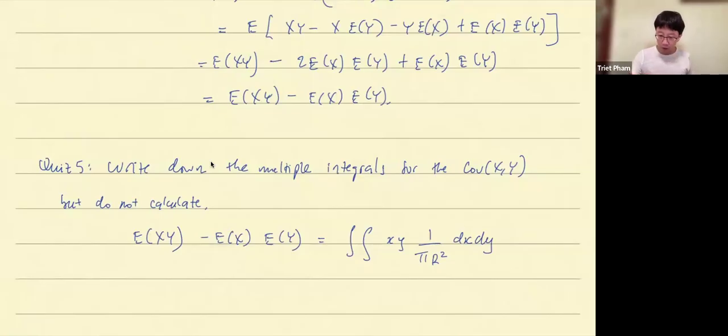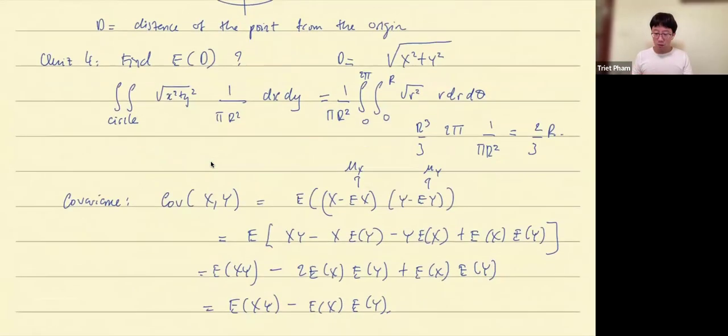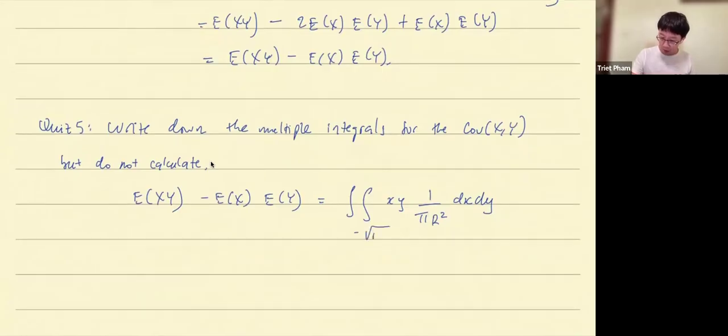Now, if you integrate over the circle, then what are your limits? Well, you do dx first and dy later, so the x must go, for fixed y, from minus the square root of r squared minus y squared to the square root of r squared minus y squared, where y runs from minus r to r.